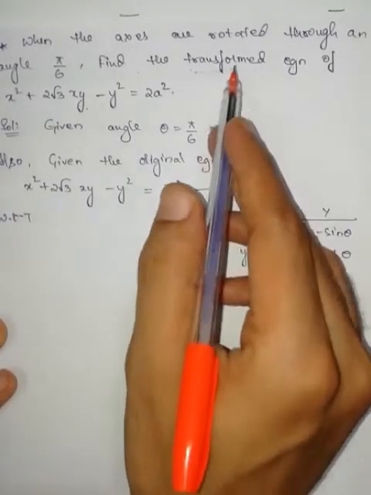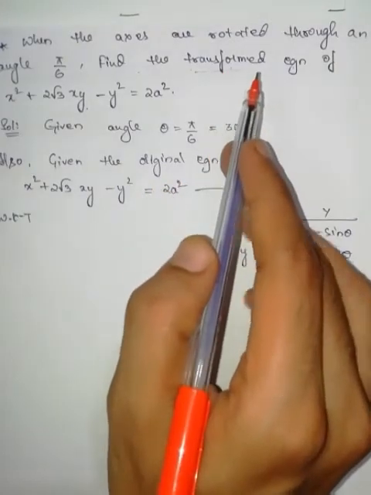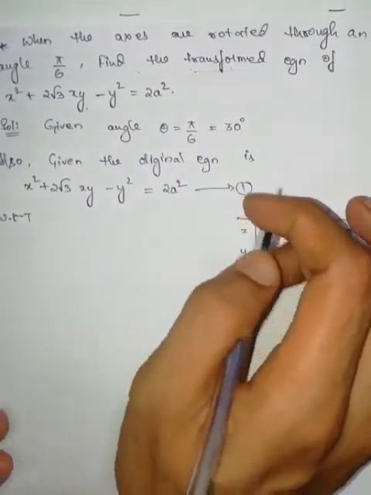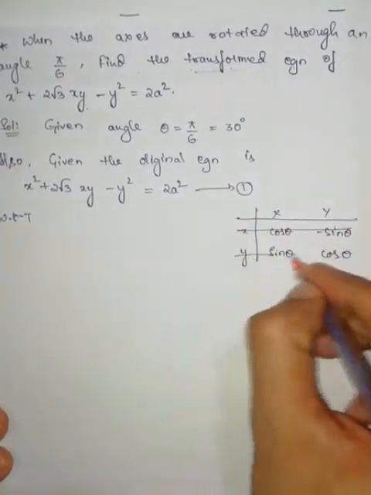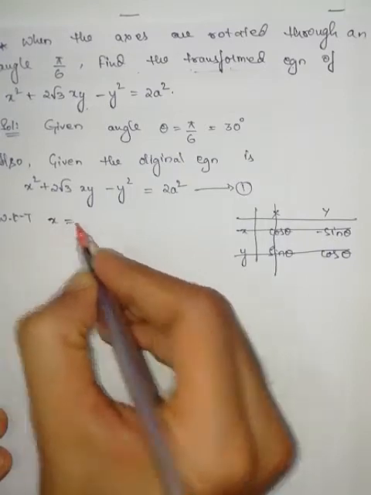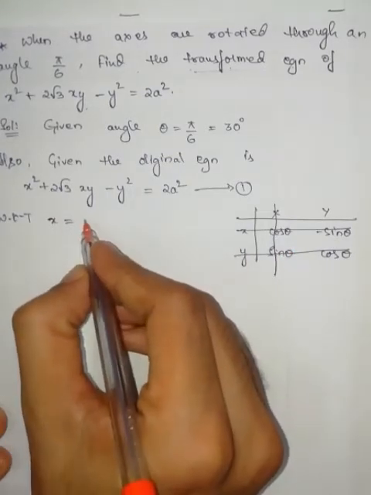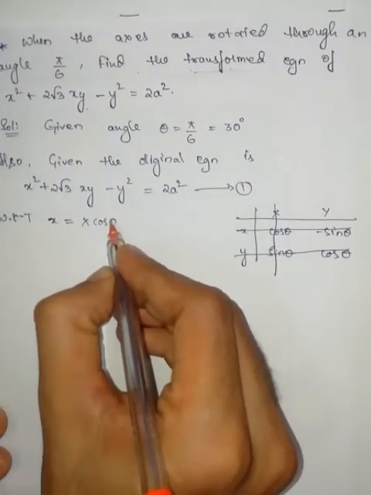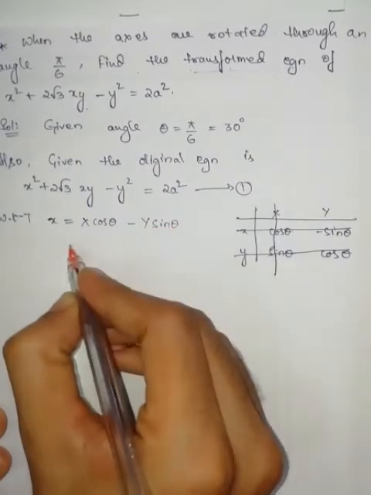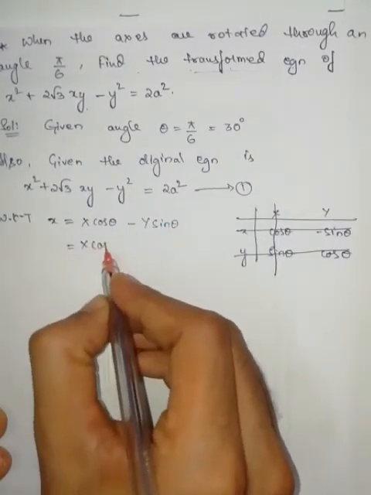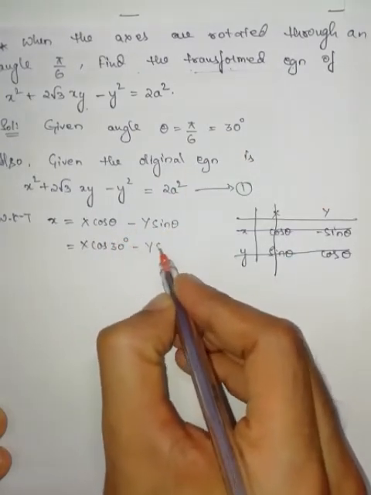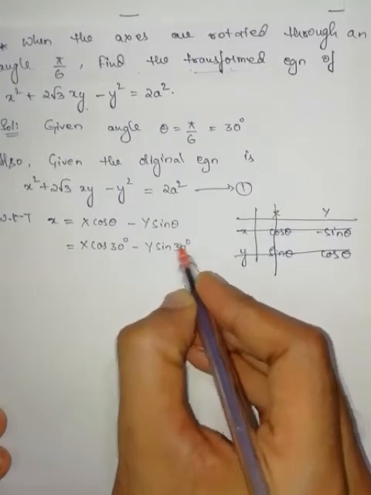Since we have to find the transformed equation, I have to find the equation in terms of capital X and capital Y. So let us take small x and small y. Small x is equal to capital X cos theta minus capital Y sin theta, which is equal to capital X cos 30 degrees minus capital Y sin 30 degrees.